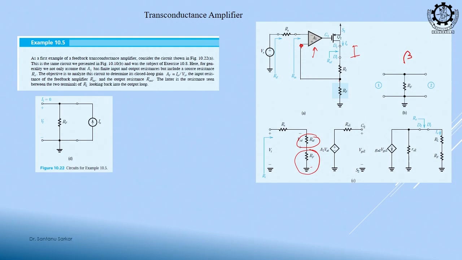So, this is my input side, this is going through the internal resistance and RF. So, the same thing is drawn, right, and this main amplifier has a gain of A.